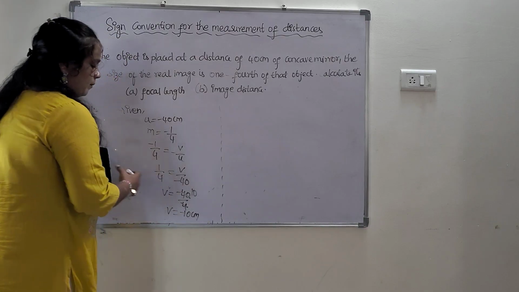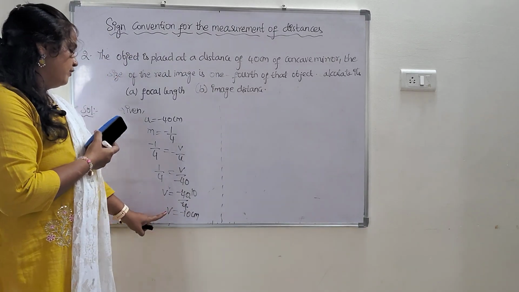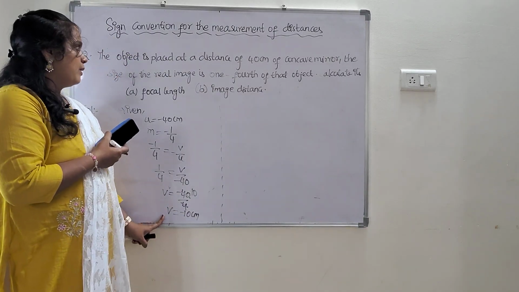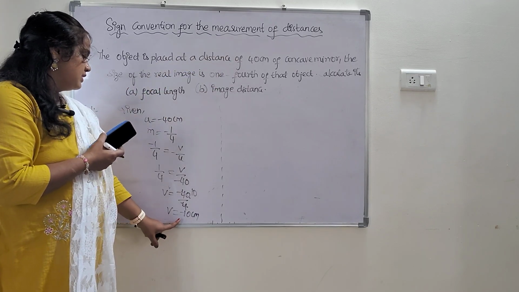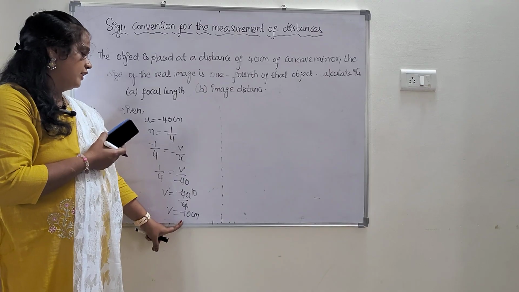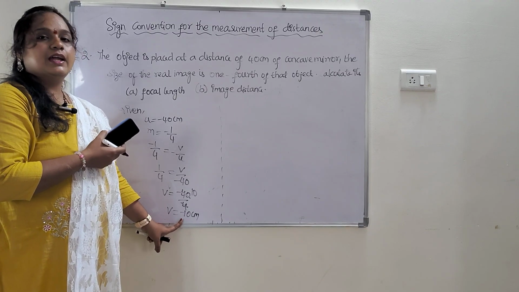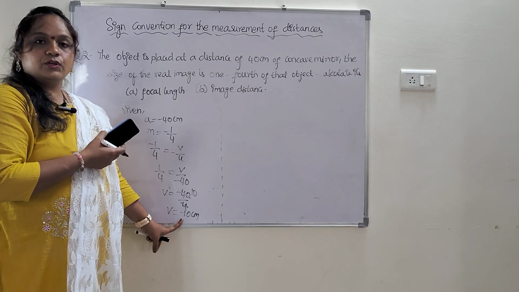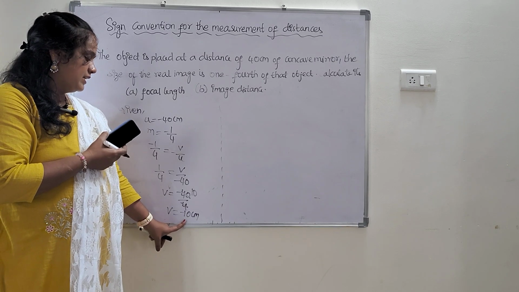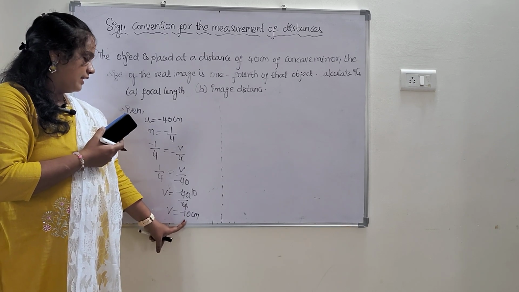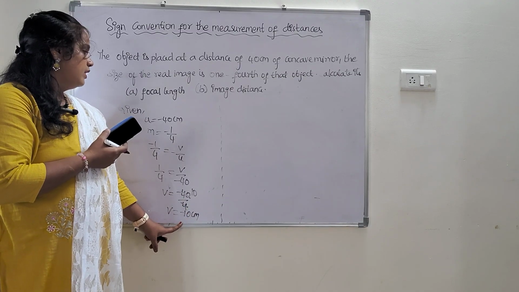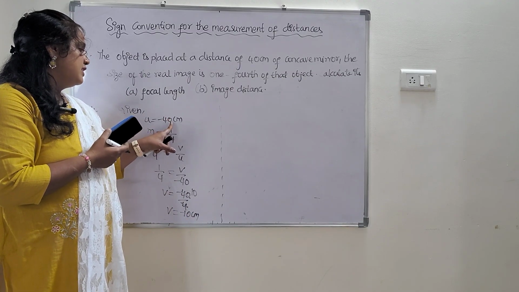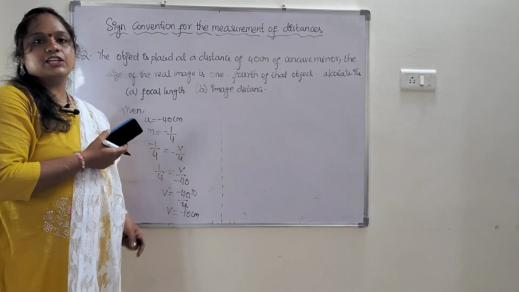So the image is formed where? The image is formed in front of the mirror. So if you observe, for a concave mirror the image distance is negative. v will be negative. We got the value in negative terms only, so you can easily say that whatever answer you got is correct. Also, by seeing the image distance and object distance, you can say the nature of the image.